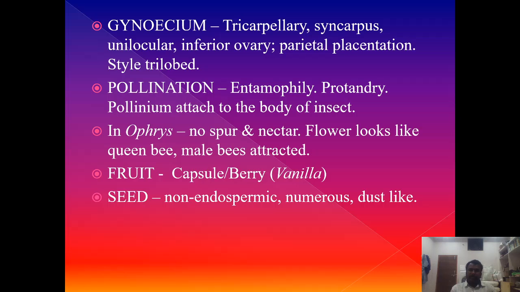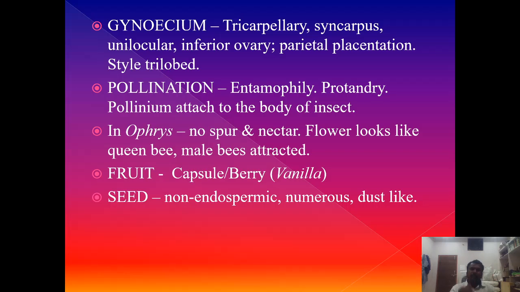There is another special character here, protandry. That means the male reproductive organs of the flower mature first. This is known as protandry. So the pollinium attaches to the body of the insect.